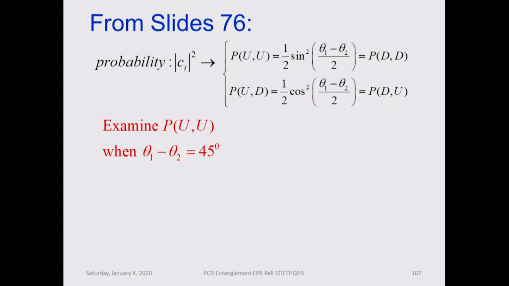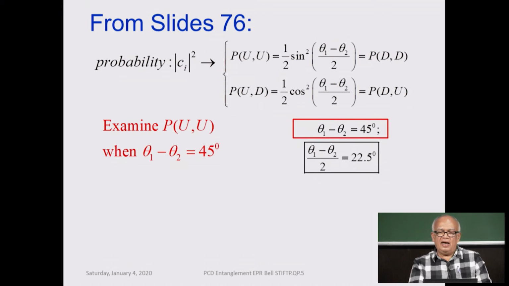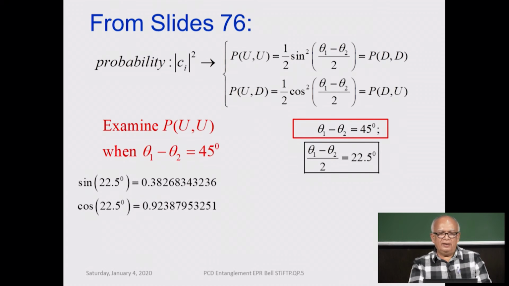So, now let us consider the difference angle to be 45. Now, we can actually put numbers. We know what is the sine of 45, what is half the angle, what is the square of that. So, the difference angle is 45, half the difference angle is 22.5, right.